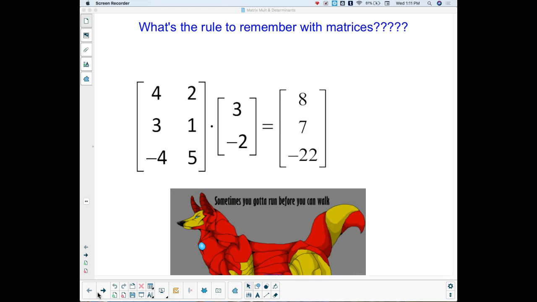Everything with matrices is rows by columns: the size of a matrix, the address of a particular element, if we can add and subtract them, if we can multiply them, that's what we're going to learn today. If we can find their determinants, if we can find their inverses, all that stuff is based off of the size of the matrix, which is rows by columns. Size does matter.